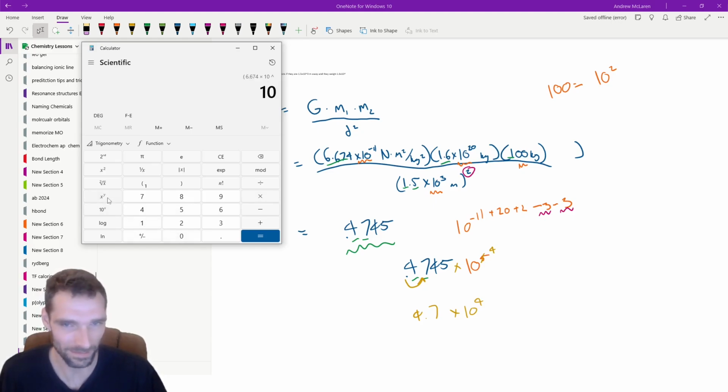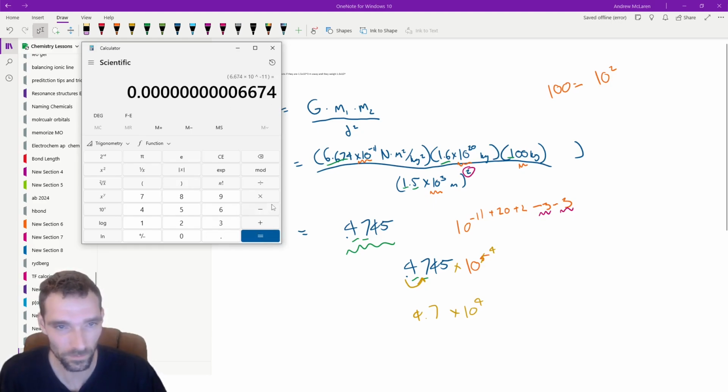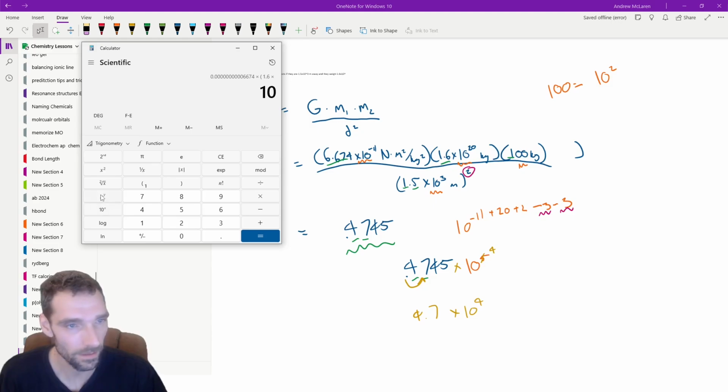It's nice to be able to double check this and know if it's correct, because you don't want to do this calculation multiple times, right? So we got our very first number there. We're going to times that by 1.6 times 10 up to that 20th power. And then we're going to times that by 100.